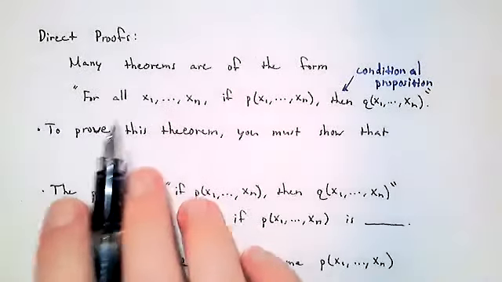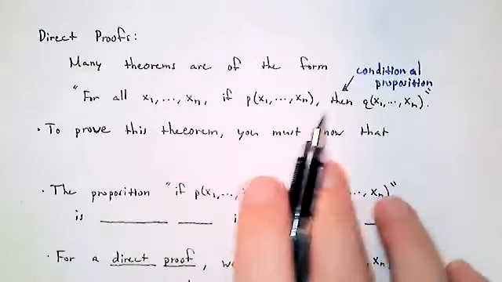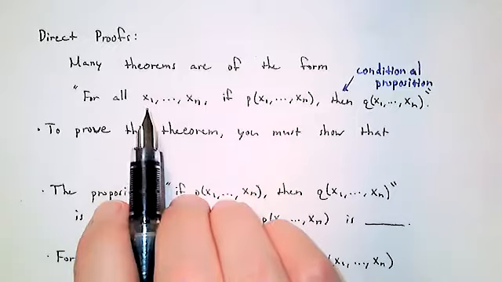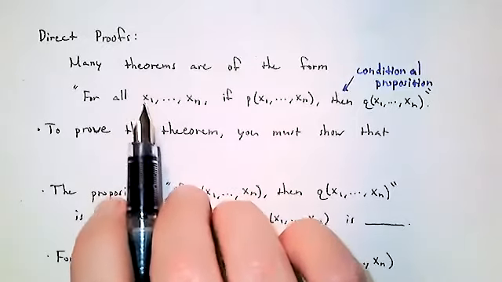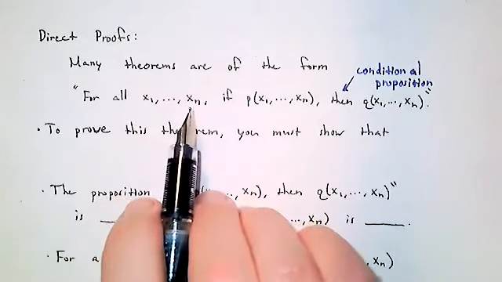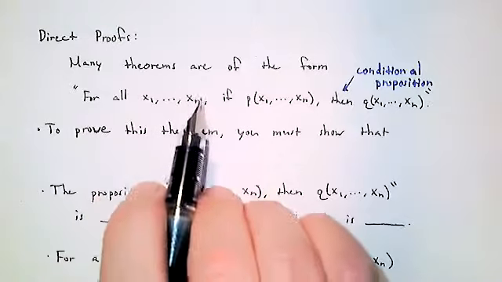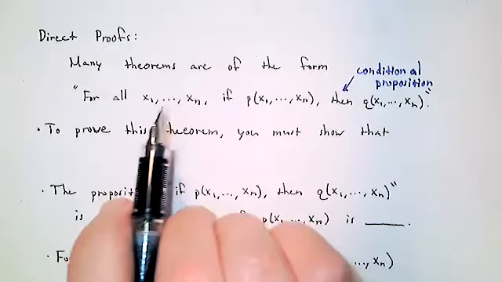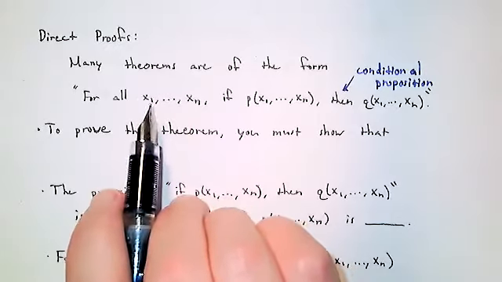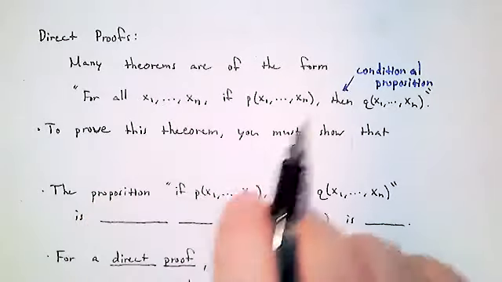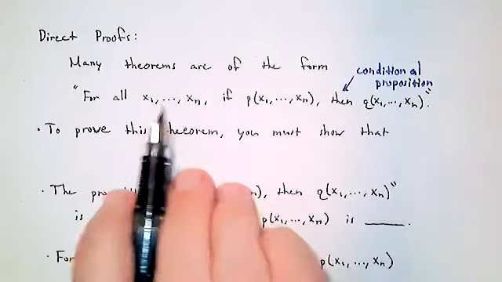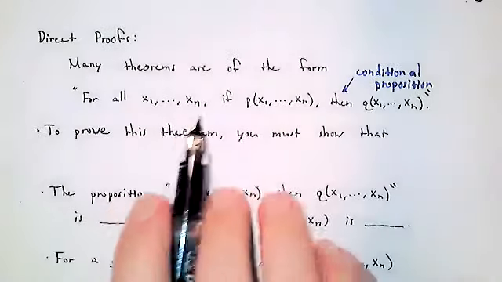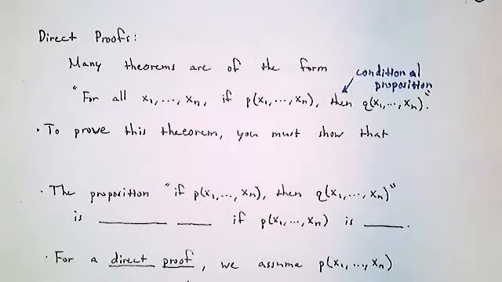And in order to prove that this is true, and maybe I should spend a second talking about this. So this notation x1 up through xn tells us that we could have any number of things that we're talking about. So in the examples, we had one thing or maybe two things that we were talking about in our theorem, but you could have quite a few more in certain cases. So that's why I wrote it this way.